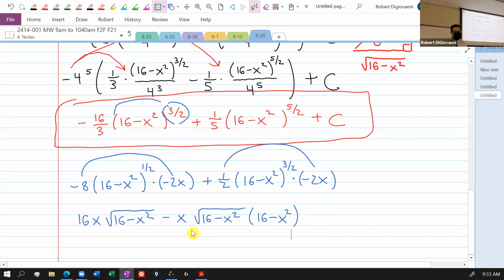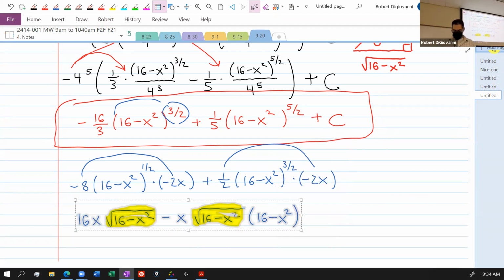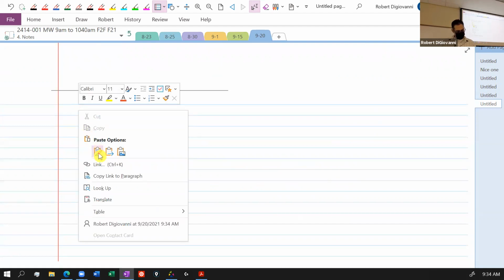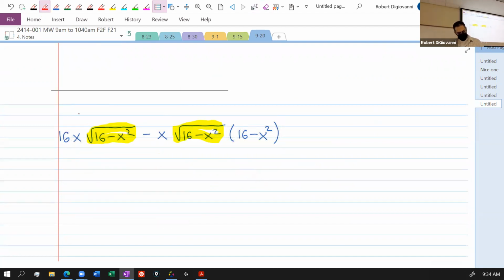Now, factor out, what do they both have in common? Let me factor that out of both. I'm out of room. Okay, so if I just factor the square root out, what am I left with here?